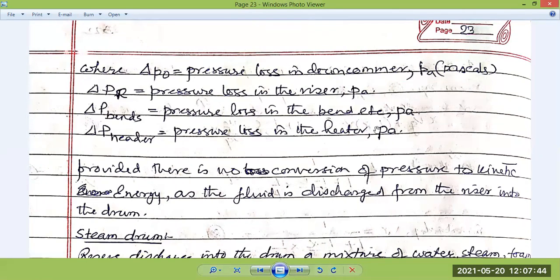All are in terms of Pascals, provided there is no conversion of pressure to kinetic energy as the fluid is discharged from the riser into the drum. So we are not converting the vapor pressure into kinetic energy. It is just discharged from the riser to the drum itself.